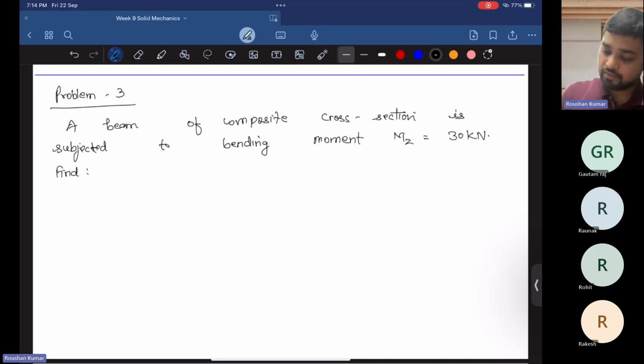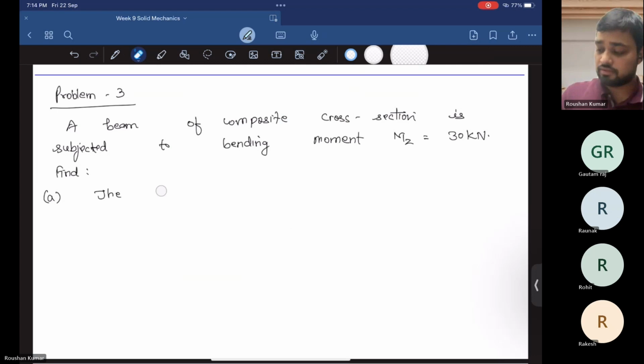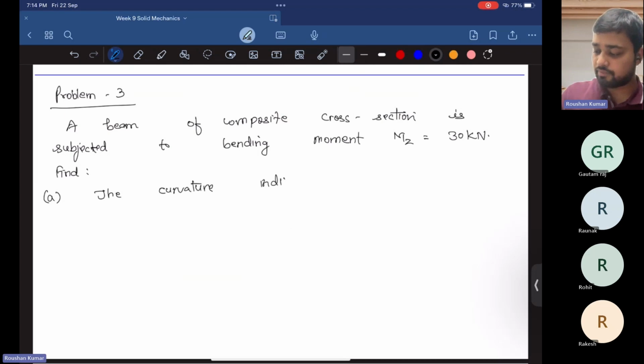So we have 3 parts in this question. Find the curvature induced in the beam.